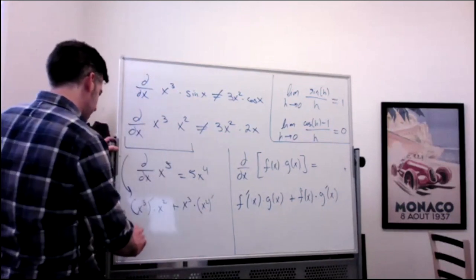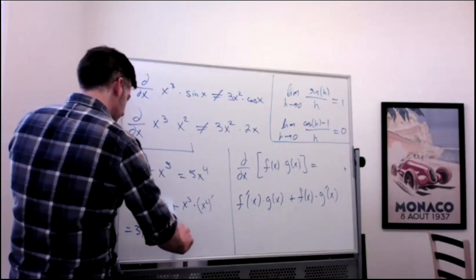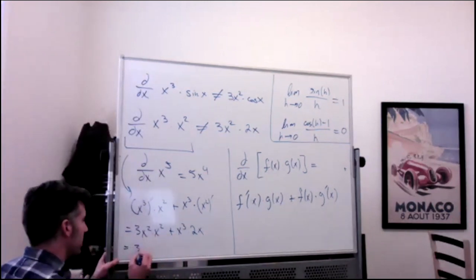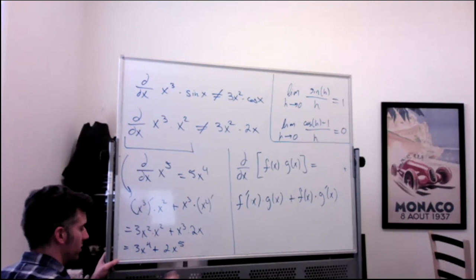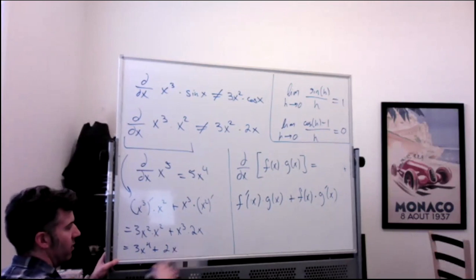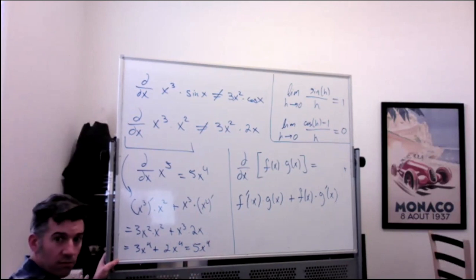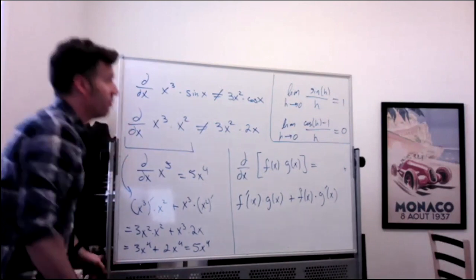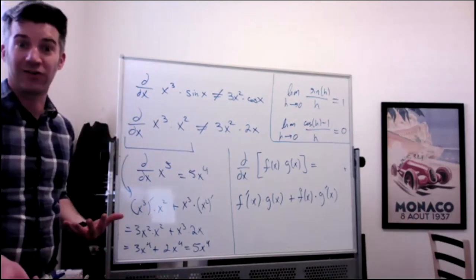Let's check that out. That's equal to 3x squared times x squared plus x cubed times 2x, which is 3x to the 4th plus 2x to the 4th, which, yes, whoops, I wrote 5 before, is equal to 5x to the 4th. So it works. At least it works in this example, but it does work in general. That is actually the, quote, the product rule.